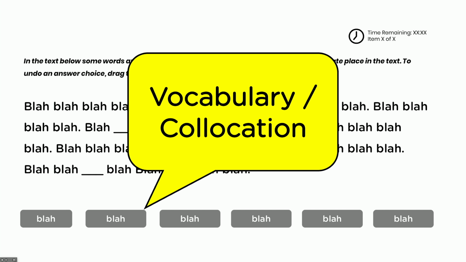Okay, let's talk about fill in the blanks. As I mentioned, this one tests your vocabulary, but in particular, it's testing your collocation, your awareness of and ability to use natural sounding phrases. What I mean by that is, do you know in English we have these strange sorts of word combinations that in your first language you probably don't have, and when you hear it in English you think, why do you say take a shower, for example?